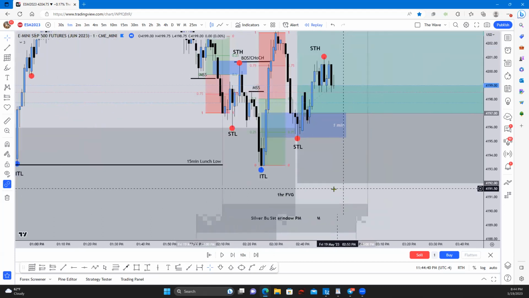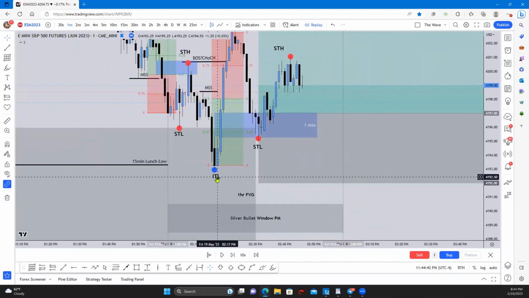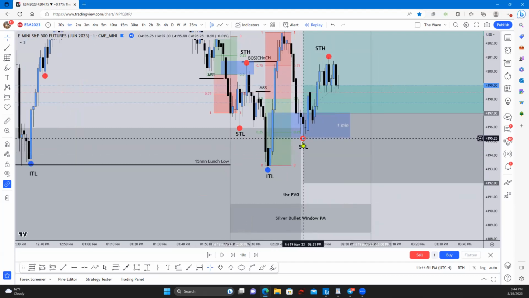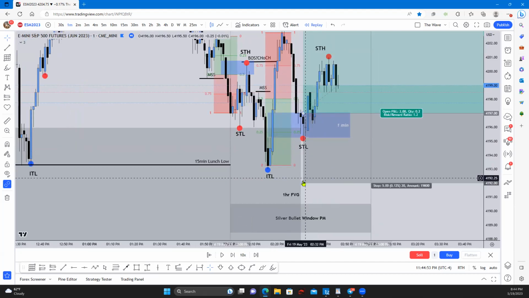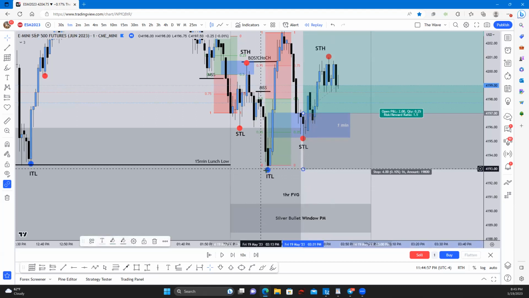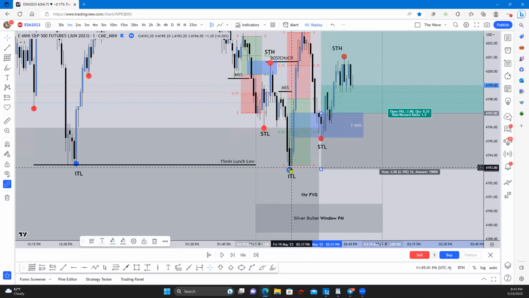Now, because this is an intermediate term low that swept this ITL, once this is formed, we know for sure that if this is going to be a valid trade, price should not sweep this ITL anymore, because this ITL is the one that swept this liquidity.